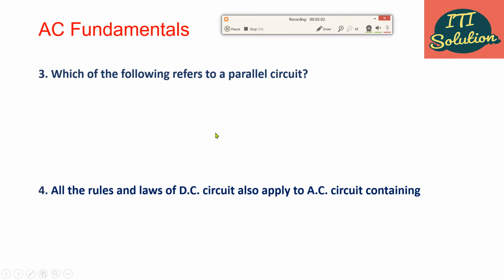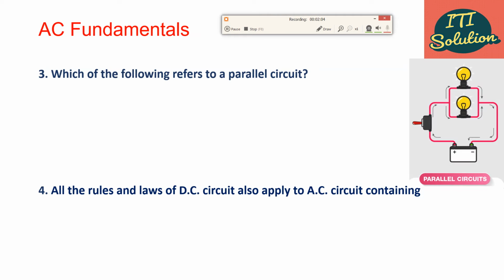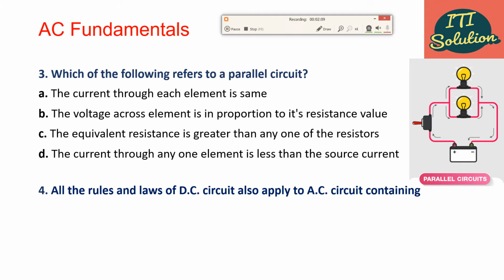Which of the following refers to a parallel circuit? This is the parallel circuit. Option A, the current through each element is the same. Option B, the voltage across an element is in proportion to its resistance value. Option C, the equivalent resistance is greater than any one of the resistors. And option D, the current through any one element is less than the source current.